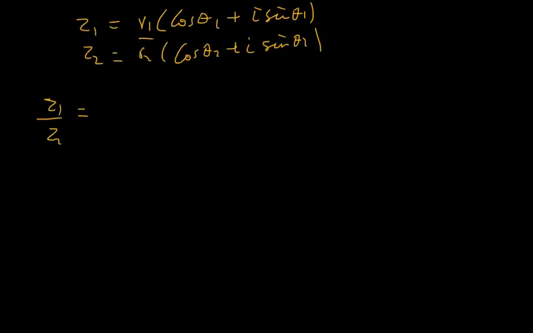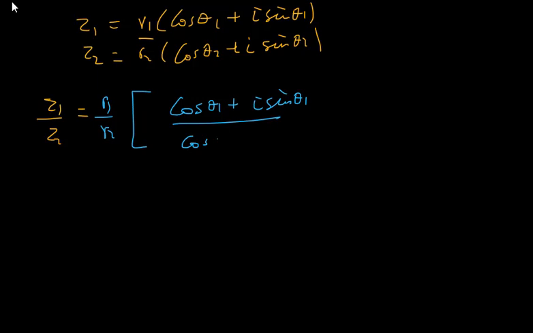Obviously, the modulus will be a division, so that would be r1 over r2, and then we have cosine theta 1 plus i sine theta 1 over cosine theta 2 plus i sine theta 2. If you remember rationalization, we're going to use the same concept here.